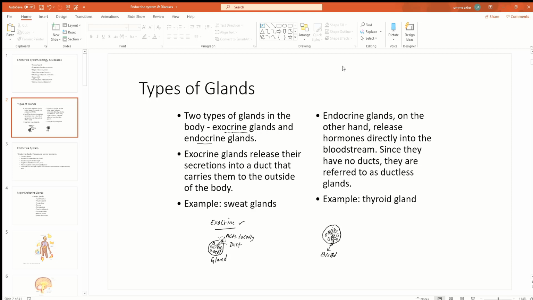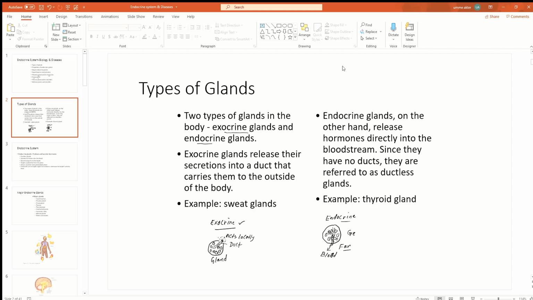In case of endocrine, since the hormone or chemical is released into the blood capillary, the blood takes it far from the gland. So the action could be far away from the gland. Okay, and the action will be generalized because the blood can take it to many organs and it can work on multiple organs.